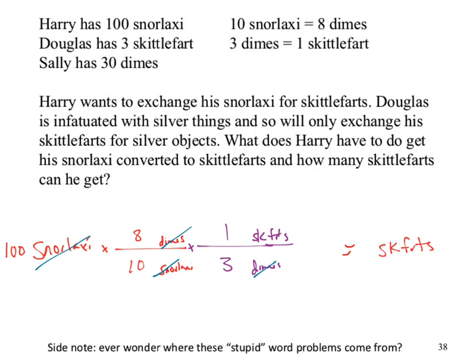Do I know what a Skittle fart is? No. Do I know what a Snorlaxi is? No. But I know I have a conversion factor. I have that numerical. We don't know it's money. These could be toys. These could be ideas. We have no concept of what those things are.